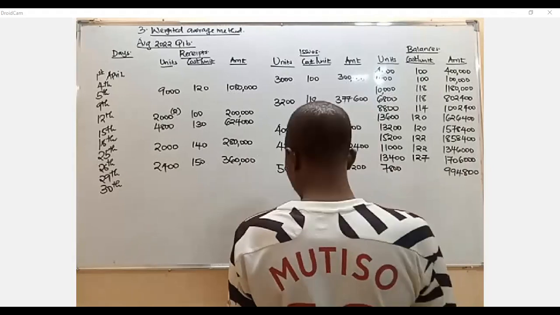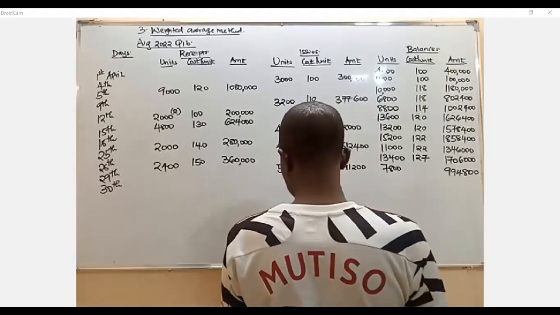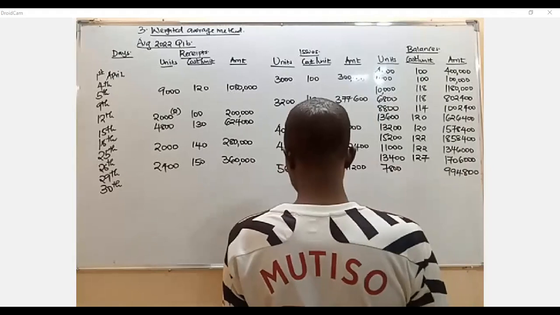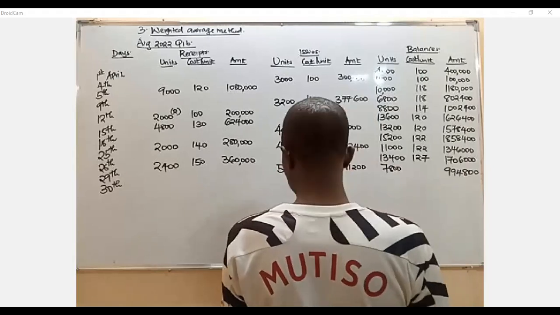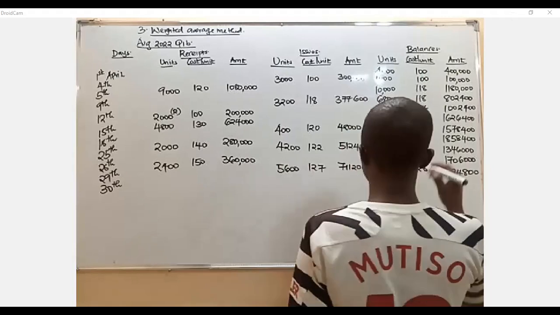So 994,800 divided by 7,800, getting 128, equivalent to that.